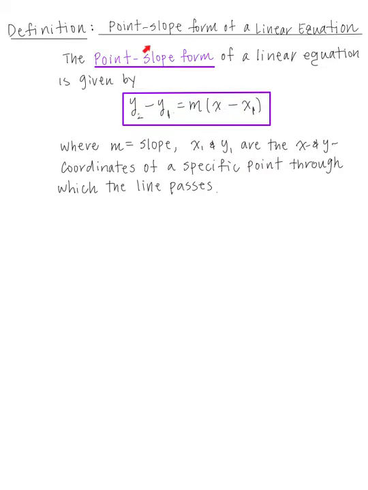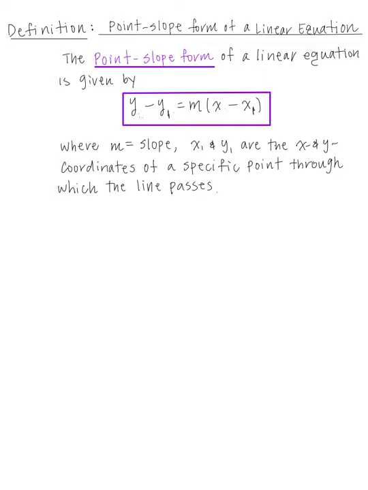Next definition is the point-slope form of a linear equation. It says that the point-slope form of a linear equation is given by y minus y1. Sorry, let me just erase this nasty looking thing.